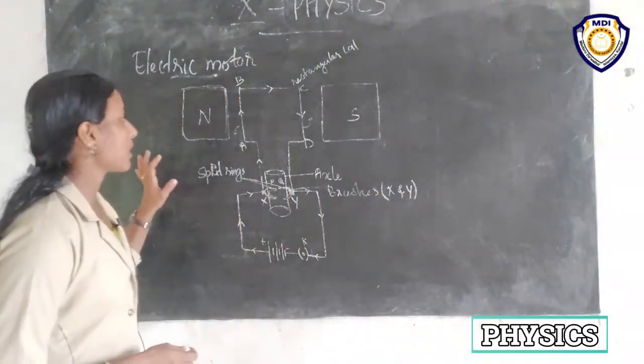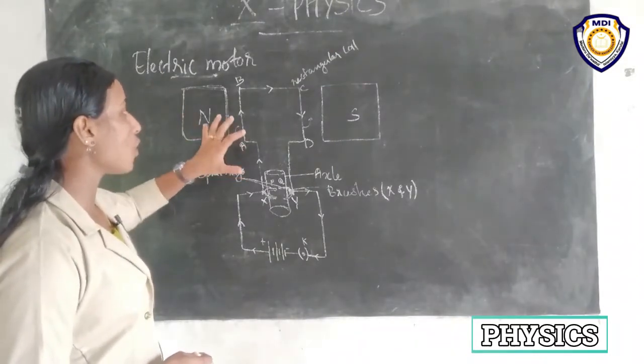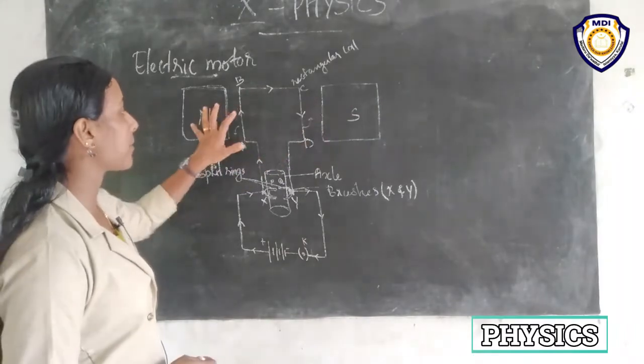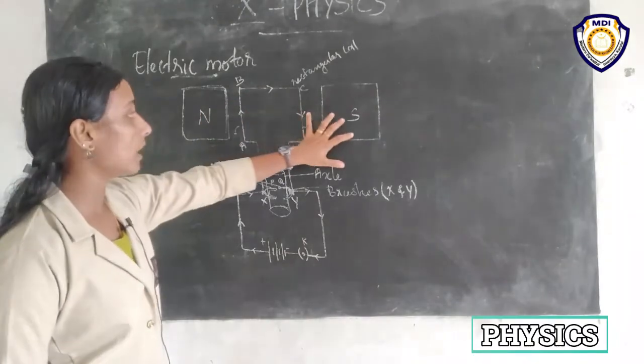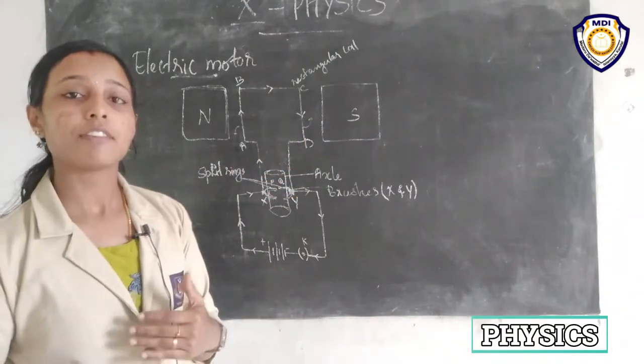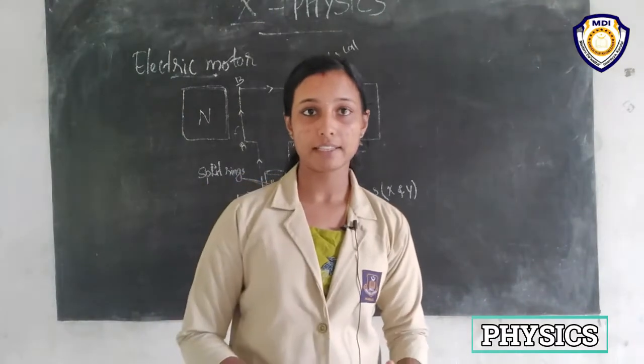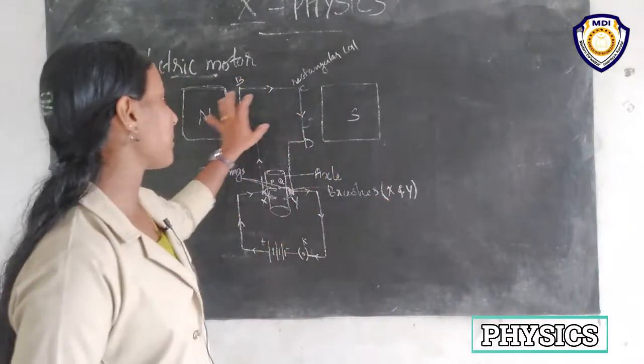So we can find what the components are. The electric motor consists of a magnetic field. That magnetic field is given by these electromagnets. For commercial purposes, we use electromagnets to produce a strong magnetic field, right? So this is the magnetic field.